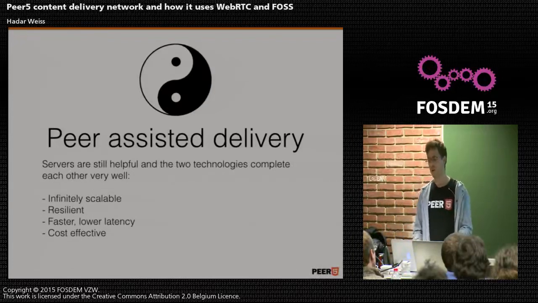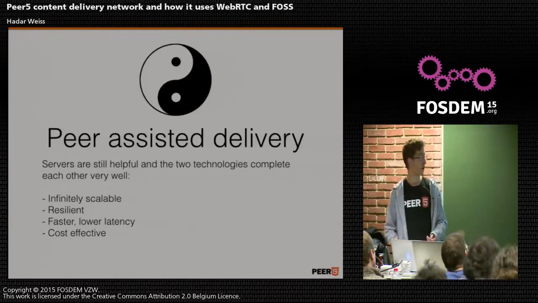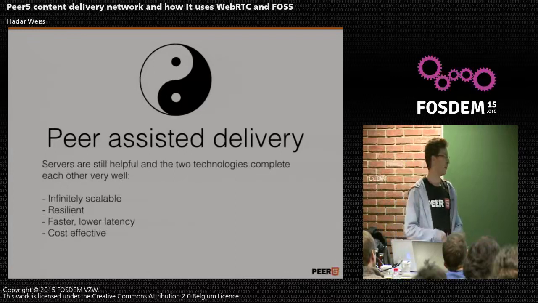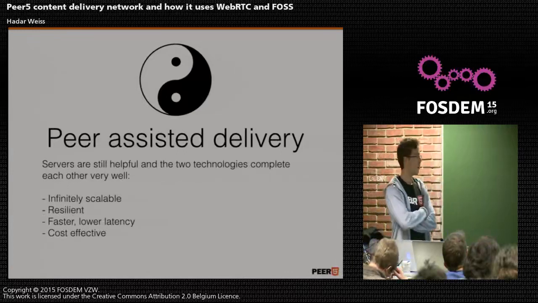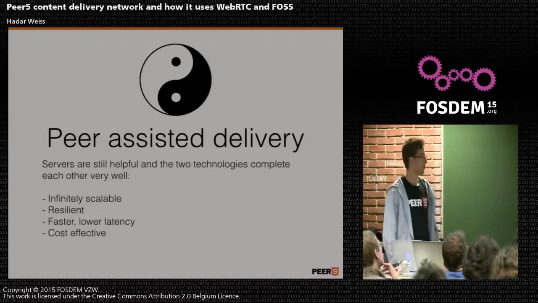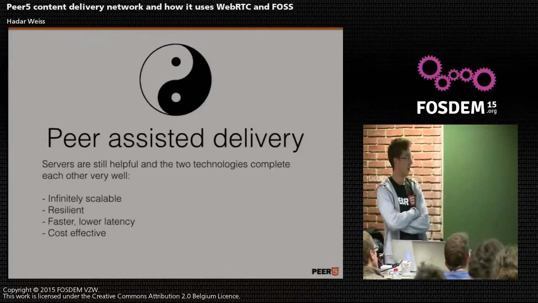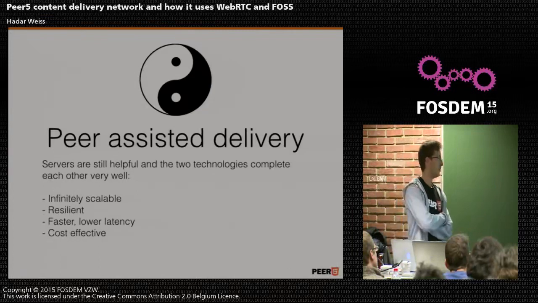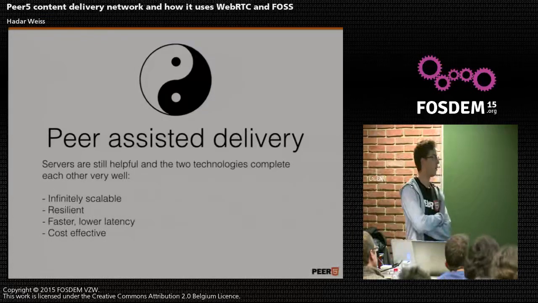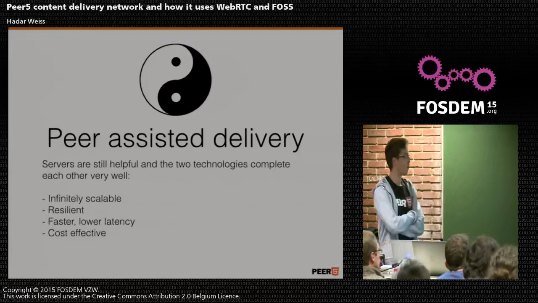On the other end, servers are hard to scale. They are expensive. They have errors. They can break, and it's harder to replace them with something else, with more servers. So the mixture between these two kind of brings something new to the table with infinite scale. It is more resilient to problems.